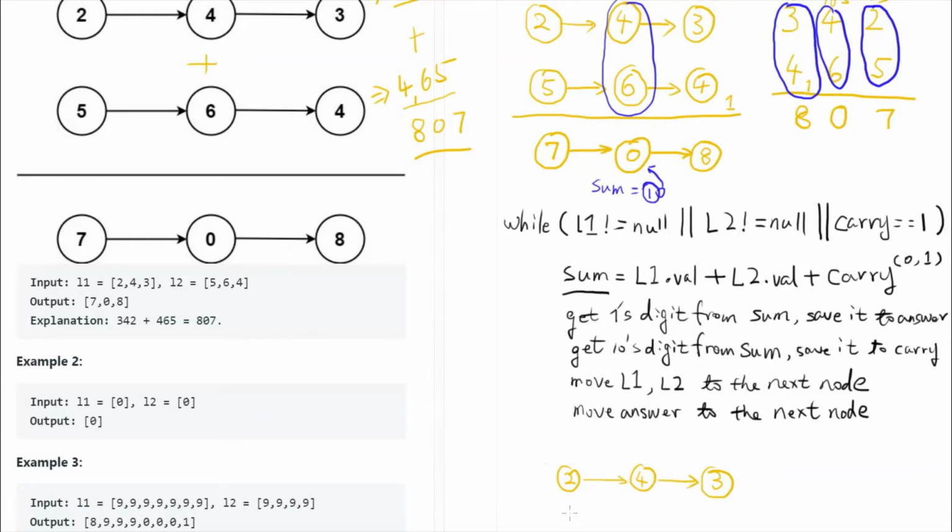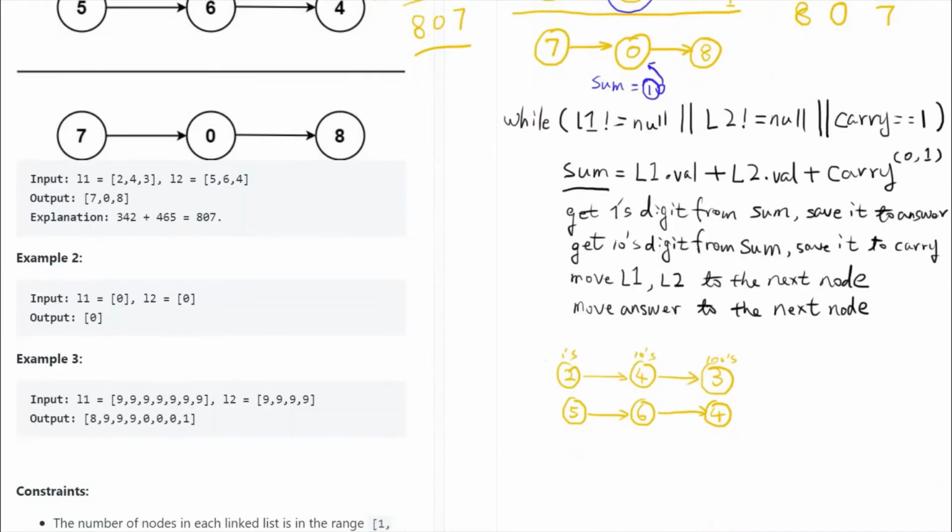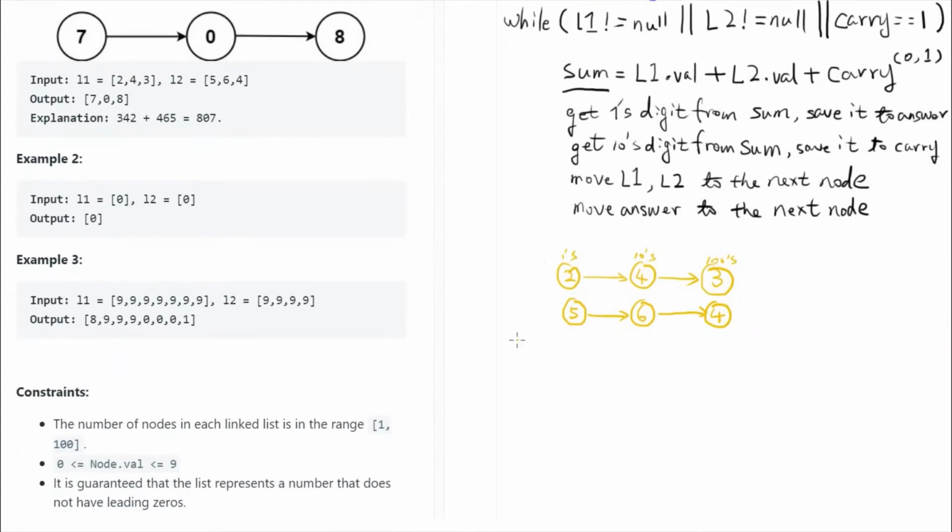And the second number we have 5, 6, and 4. And I'll mark this as ones, tens, hundreds. And below the line, we're going to have our answer here.